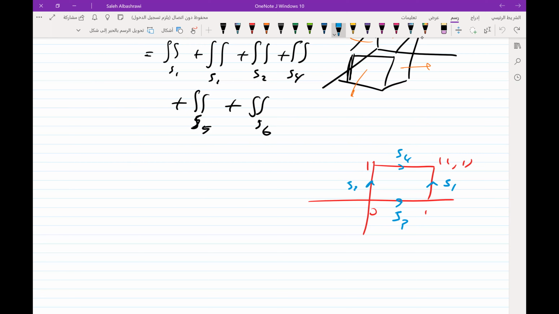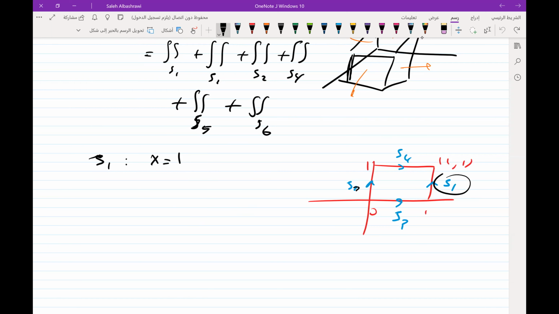For each one of these sides, we have an equation that represents that side. S1 gives the equation x equal to 1. It's constant with respect to x, but y is changing. So the equation for this side is x equal to 1.